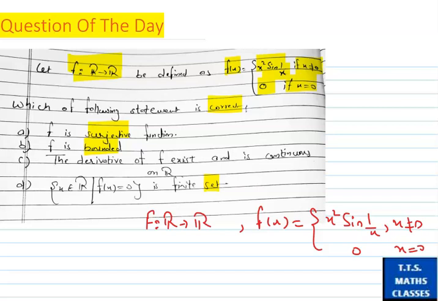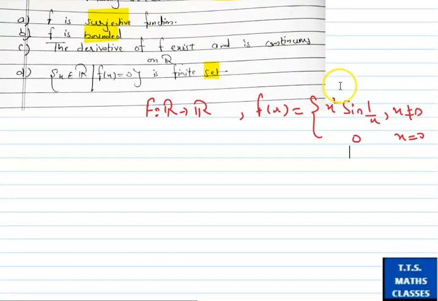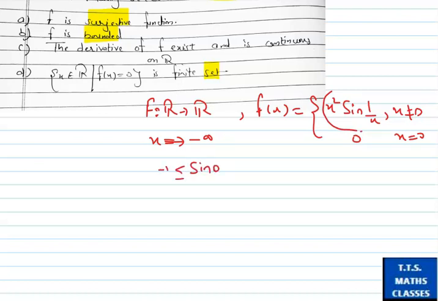Clearly, if we take x approaching minus infinity or infinity, then this function becomes infinity, because we know sin theta lies between -1 and 1.